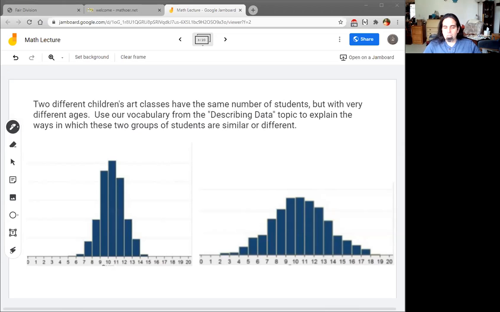We have lots of describing data jargon. How would you talk about these two different art classes?